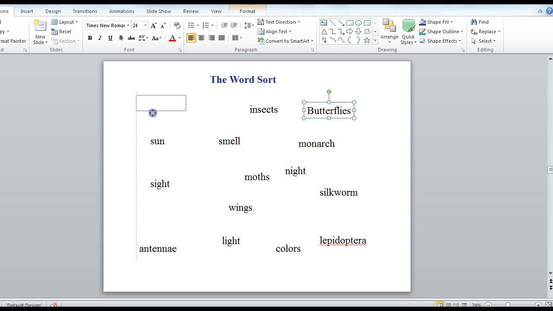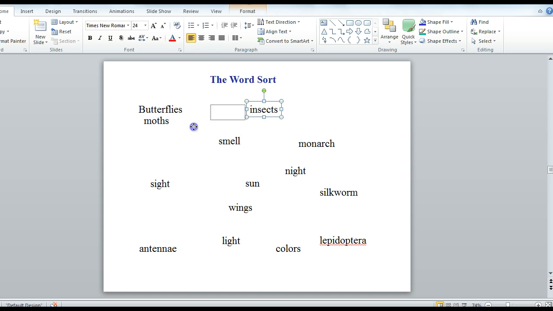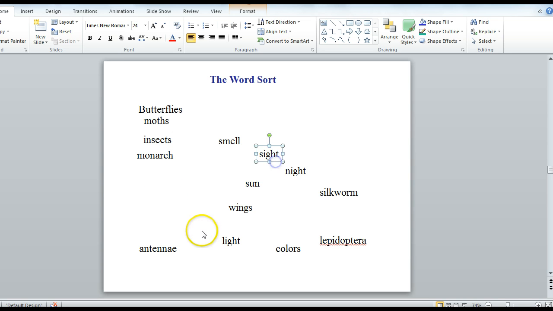I know butterflies and moths are insects, so I'm going to put those three words together. I know monarch is a type of butterfly and moth, so I'm going to put that over there as well. And I don't know if a silkworm is a type of, I know it's an insect, so I'm going to put that over there.